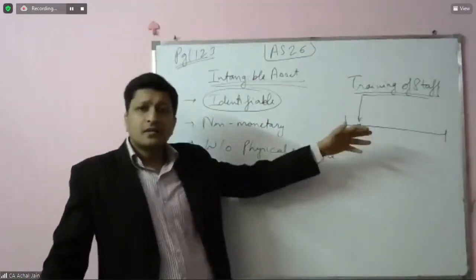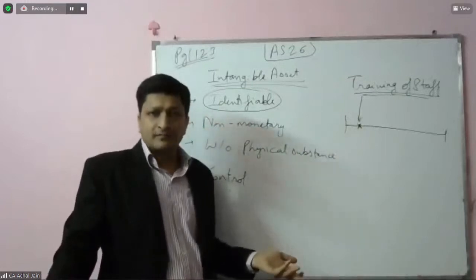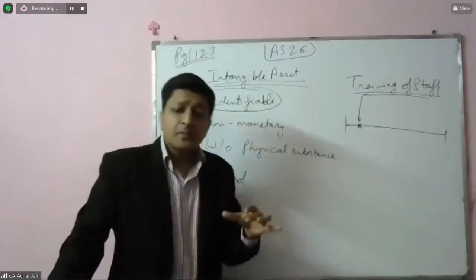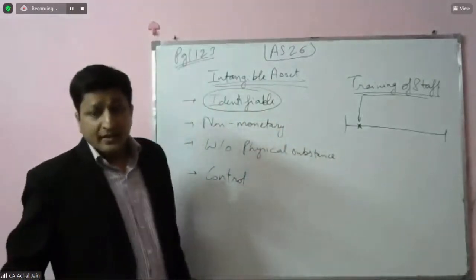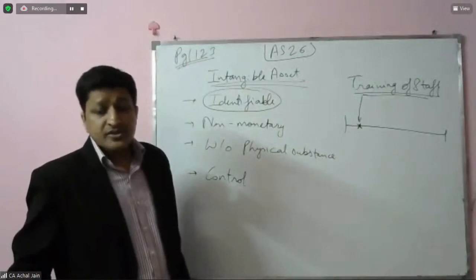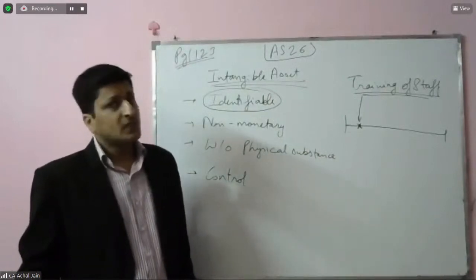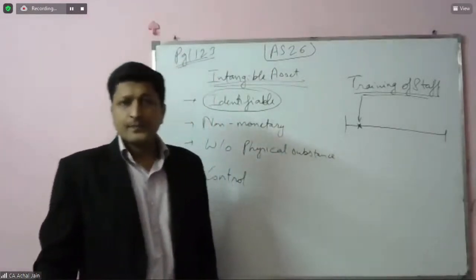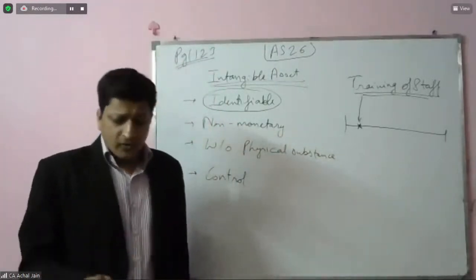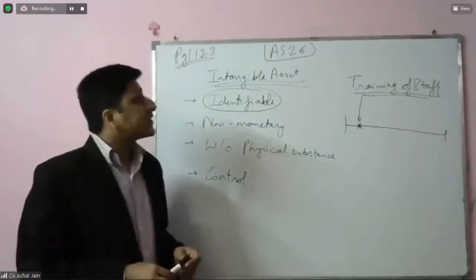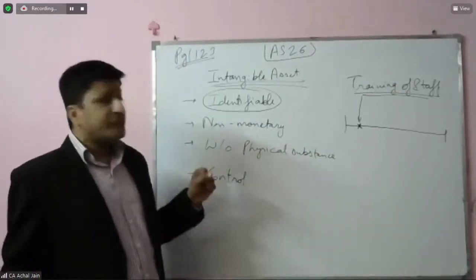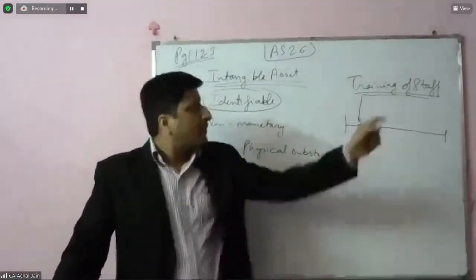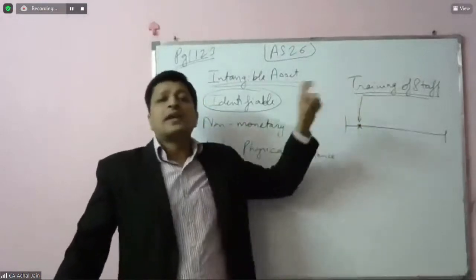Maybe next month, next day, the employee can leave the company. So will it be possible for the company to say that the staff is in the control of the company? The answer is no. So can we say that this training of staff is identifiable, is it under control? Answer is no. Because of which, this will not become an intangible asset.